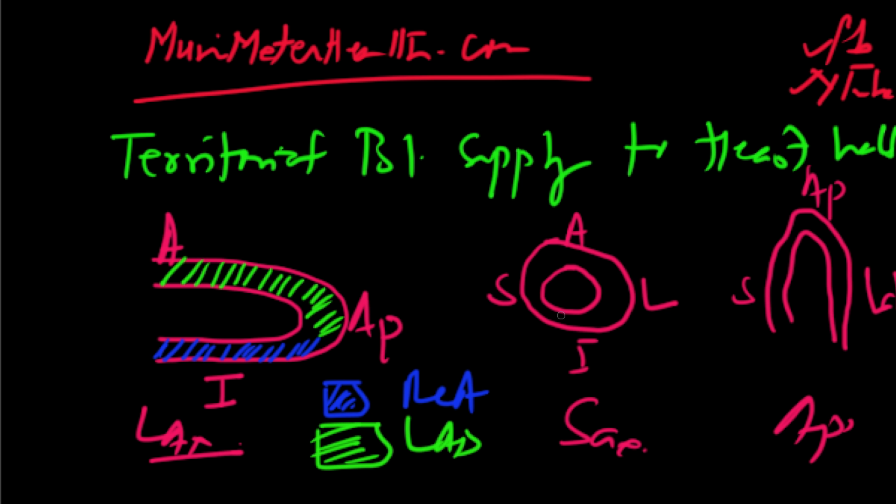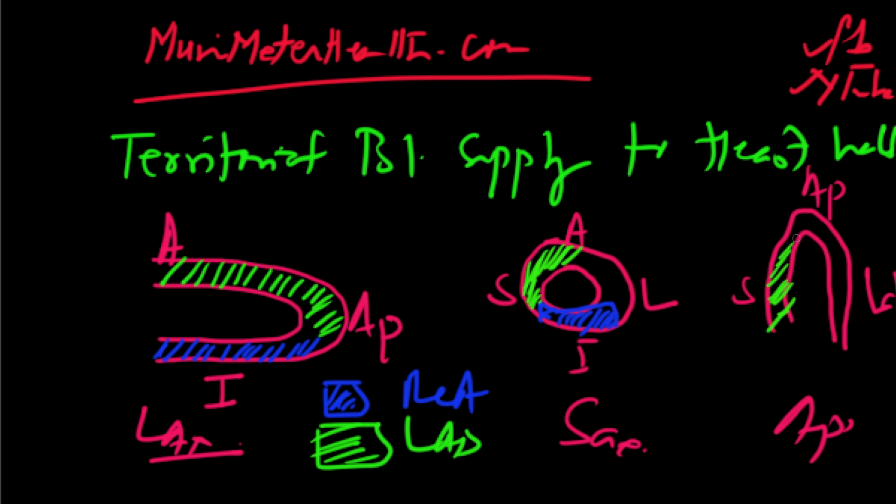So similarly, you have inferior wall here, which is being supplied by the RCA here. Whereas the anterior wall we just did was being supplied by anterior, and the septal, if you will, was being supplied by the LAD. Now, similarly, let's do the septal here as well.